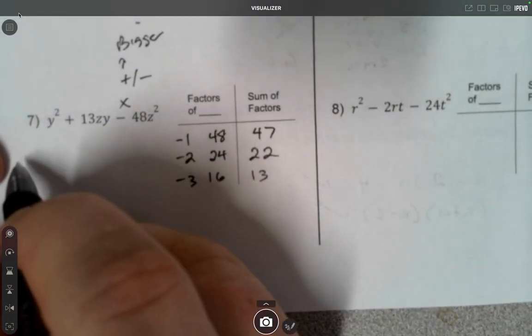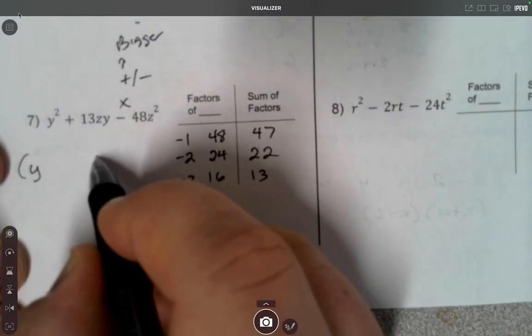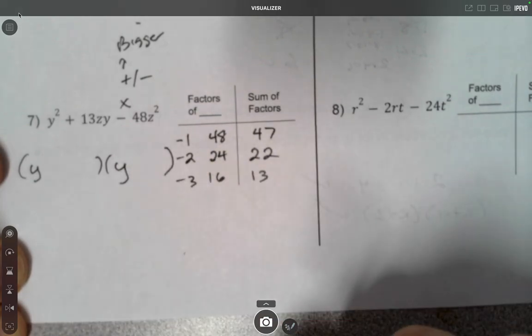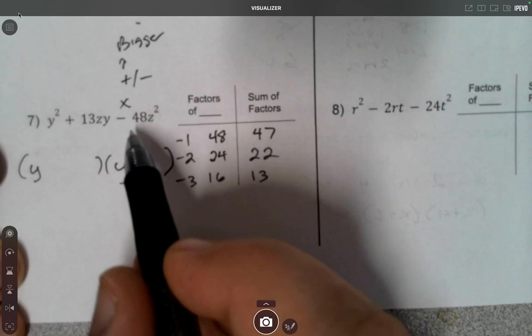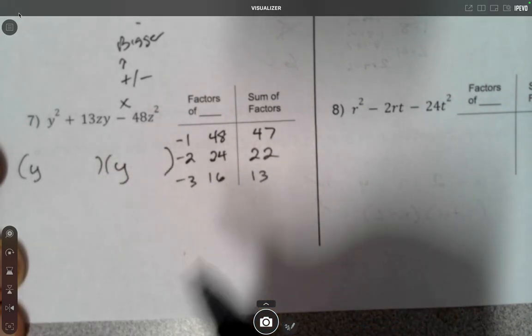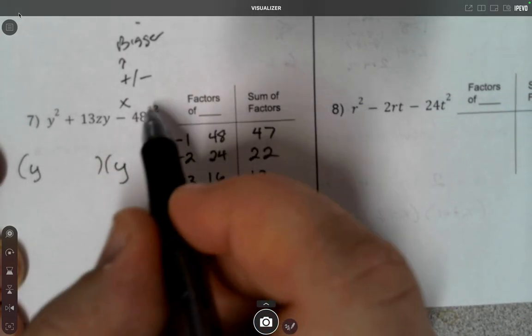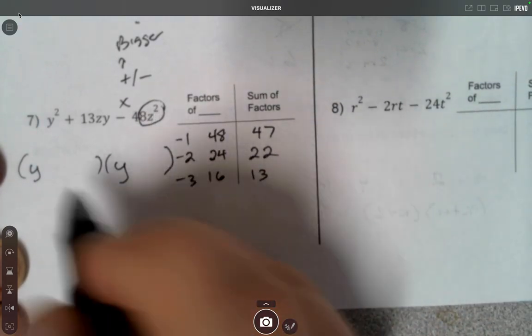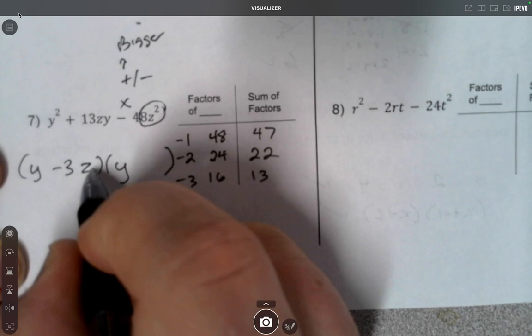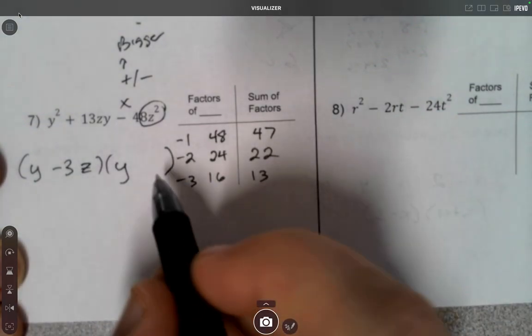So since y is in front, we'll put y in front of both of these. And because negative 3 and 16 multiply to be negative 48 and add to 13, we'll still use these numbers. But because this z squared is right here, we need to not just put negative 3, we need to put negative 3z. And we put 16 here.